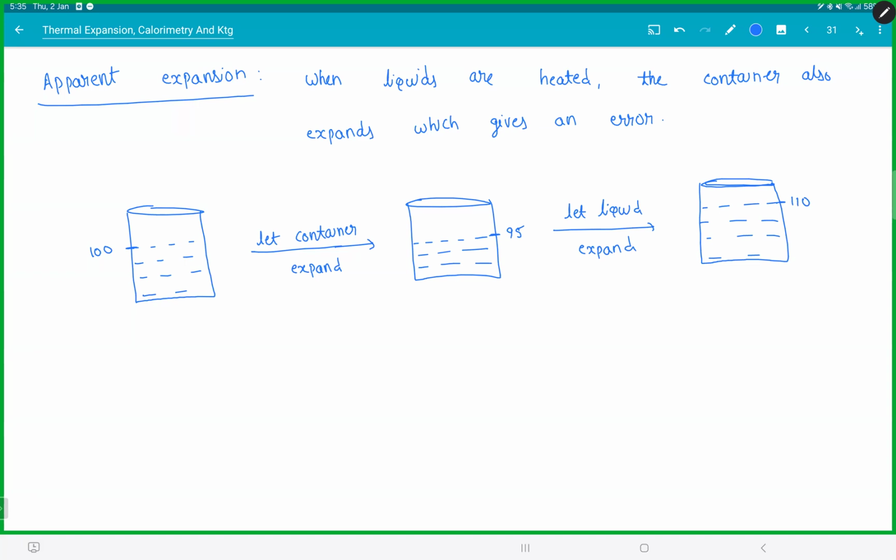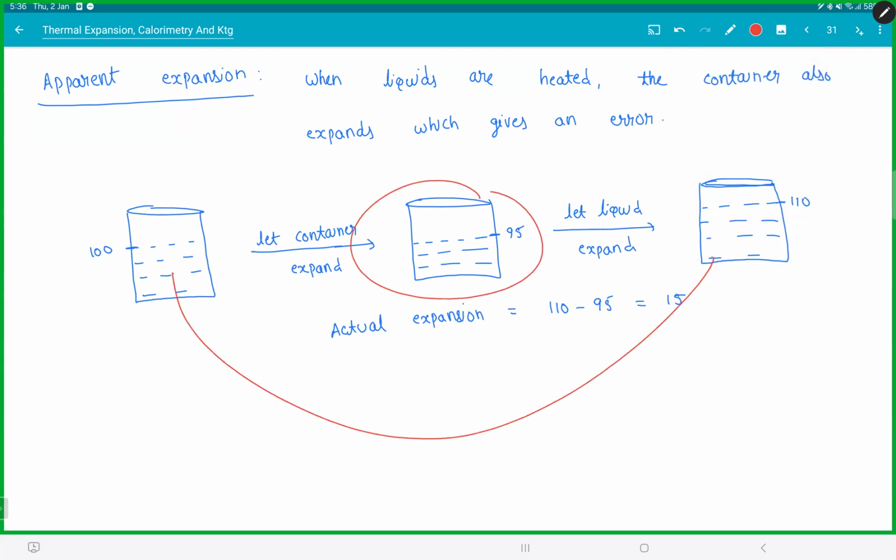If I ask you what is the actual expansion of the liquid, how much is that? If you look at the actual expansion, the liquid actually went from 95 to 110, isn't it? That is 15. But like I said, both happen at the same time, so you'll never actually see the stage.